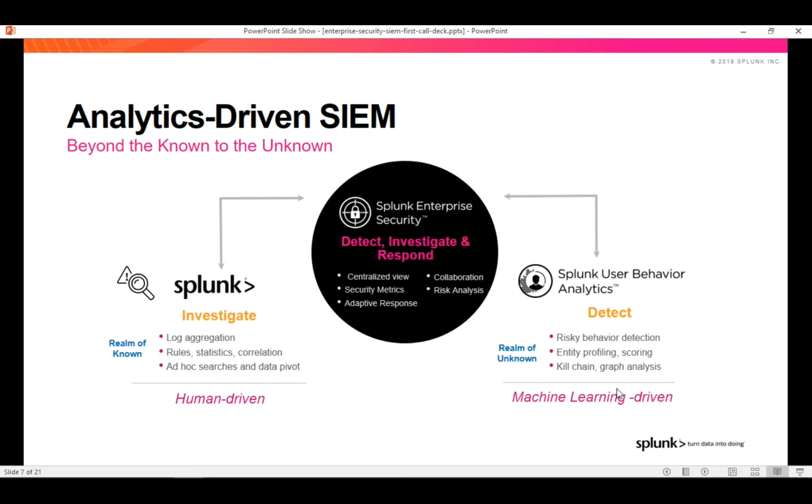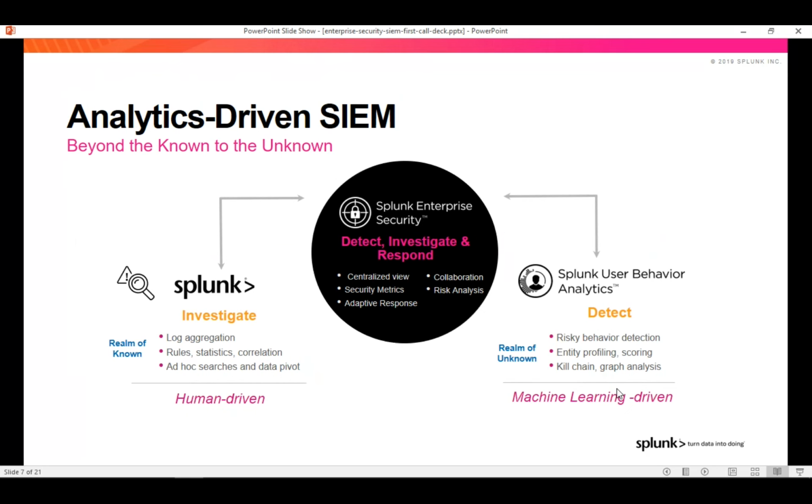They work based upon correlation rules, statistical analysis, and rules which can be user defined for known types of attacks, and provide you with the capability to run ad hoc searches, with prebuilt dashboards and reports for the known types of attacks. Yeah. So Splunk Enterprise has the capability to work with an analytics-driven approach.